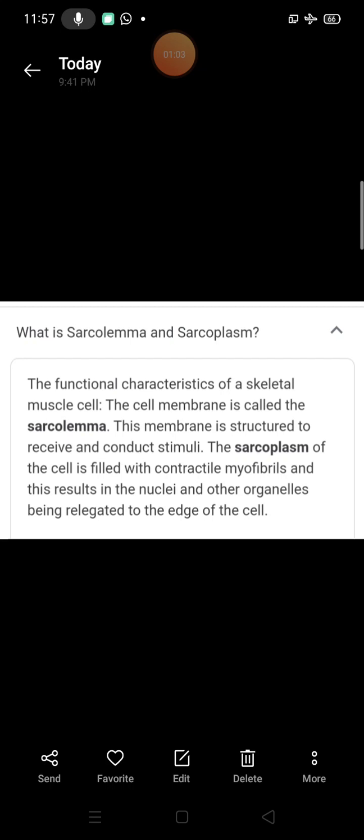The sarcoplasm of the cell is filled with contractile myofibrils, and this results in the nuclei and other organelles being relegated to the edge of the cell.